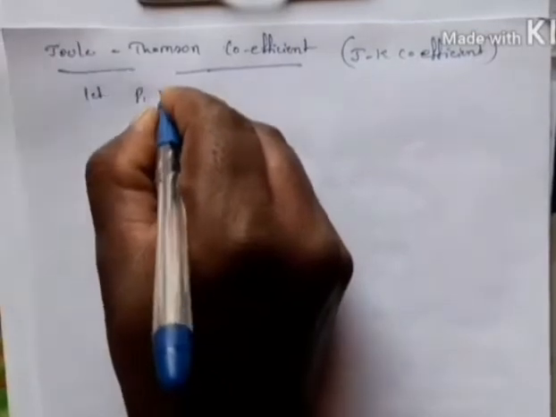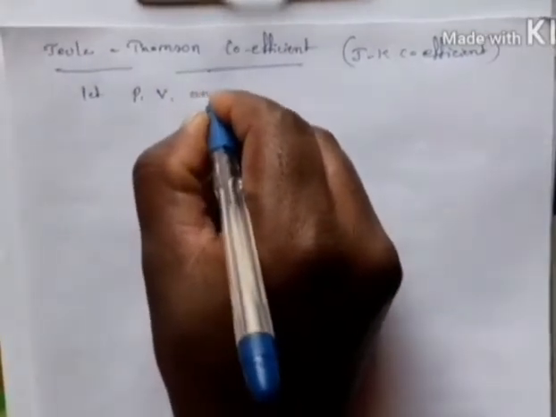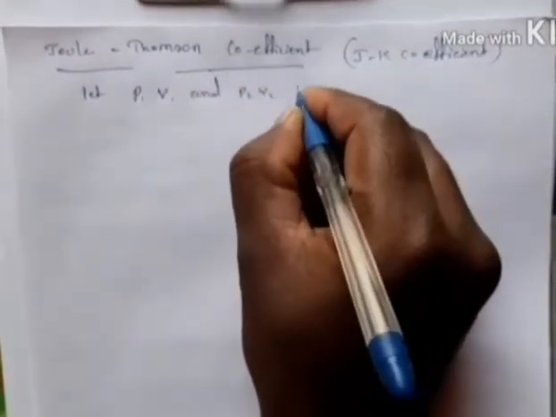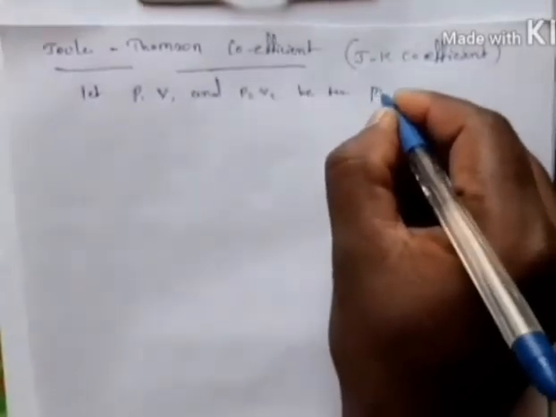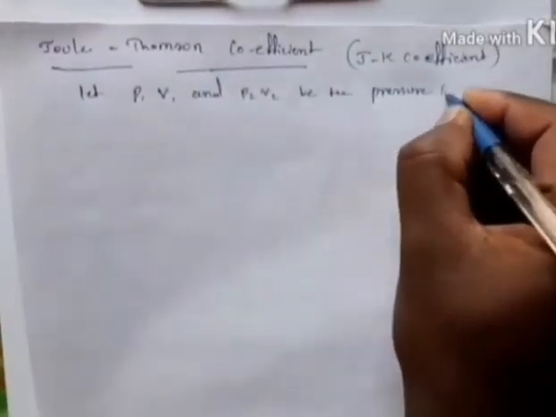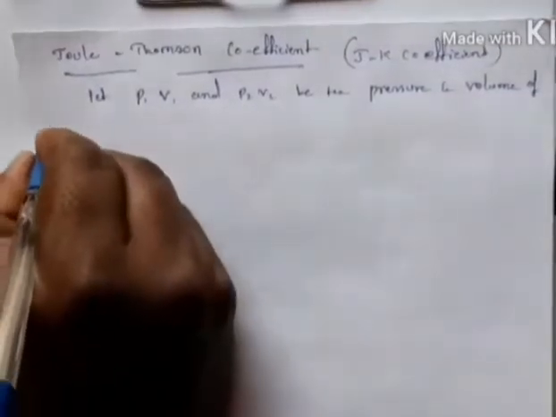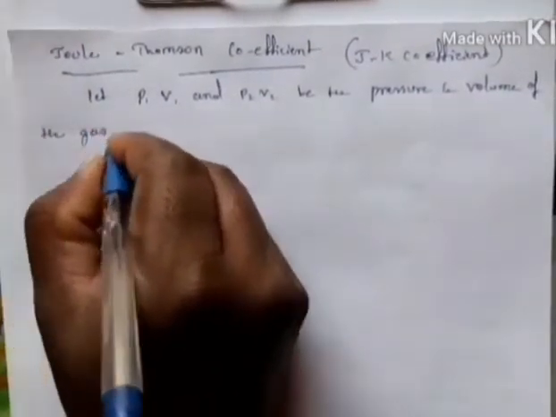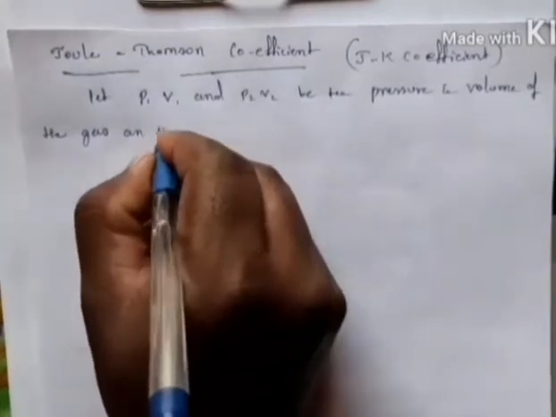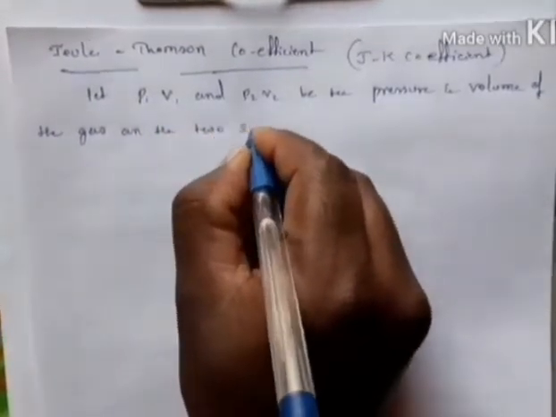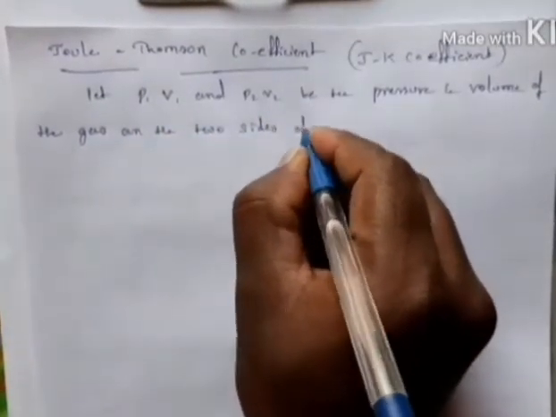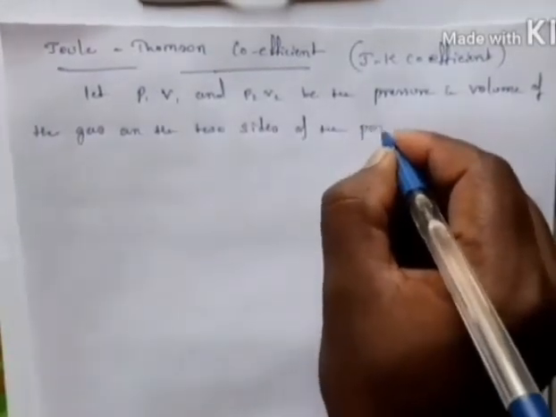P1 and V1 and P2 and V2 be the pressure and the volume of the gas on the two sides of the porous plug.